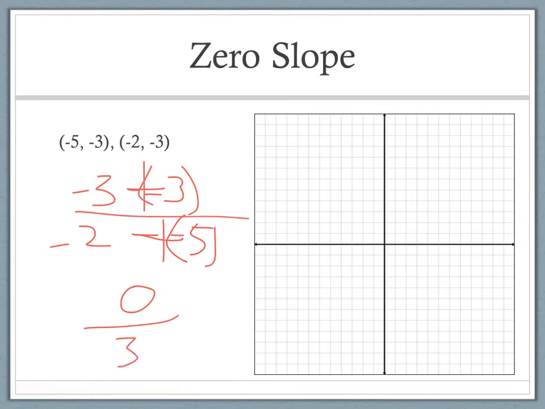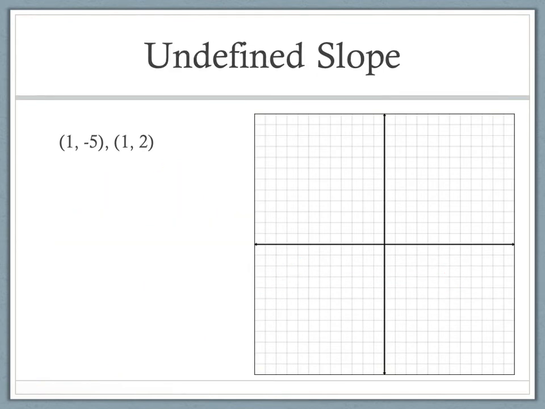Anytime I have 0 divided by a number, it always equals 0. Now let's take a look. If I just plotted these points, negative 5, negative 3, which would be down here, and then negative 2, negative 3 right there, if we look at that line, it has a 0 slope. It's a flat line.